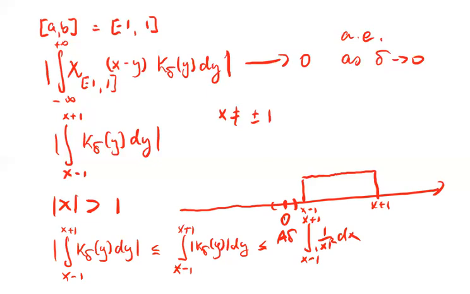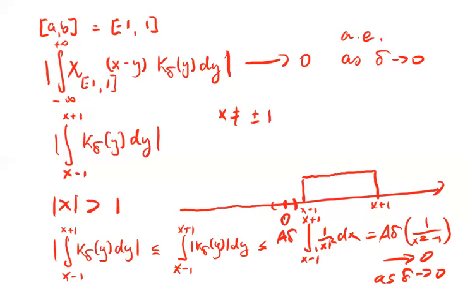And now you can evaluate this integral. This happens to be a times delta times 1 over x squared minus 1 if you compute that. That's just a little bit of calculus. And as delta goes to 0, this expression goes to 0. Yes.